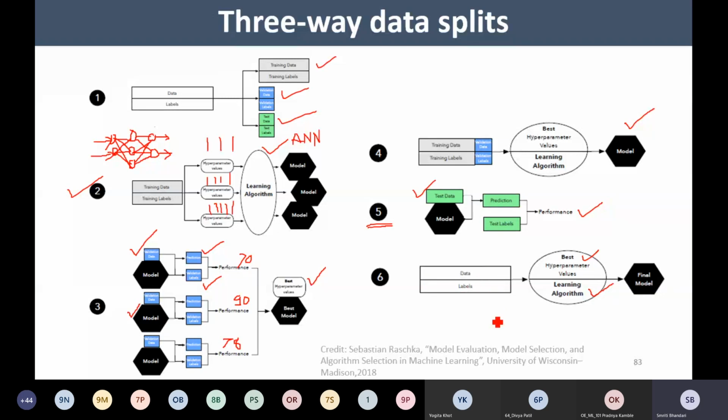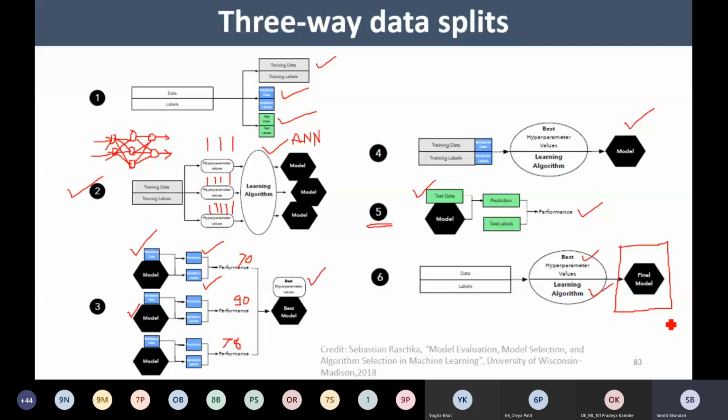I will come up with a model, and this will be treated as my final model. With this I am done with the process, and whatever real data comes in, my model is ready to predict any real-time data henceforth.